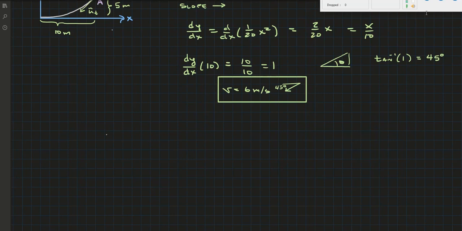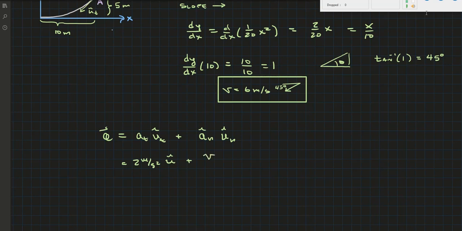Okay, so our acceleration is our tangential acceleration plus our normal acceleration. And this first term is given as 2 meters per second squared. So we just need to figure out the second term.